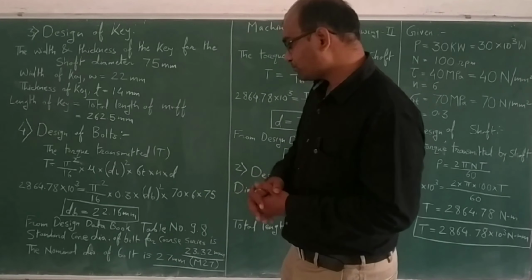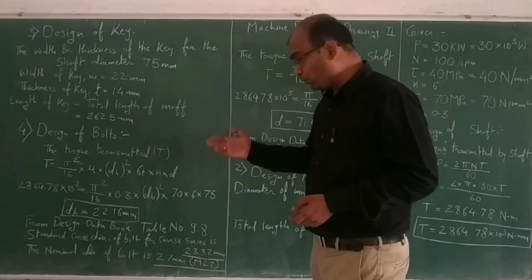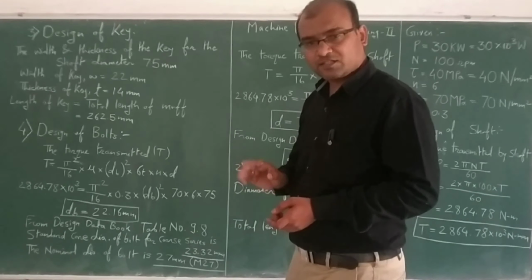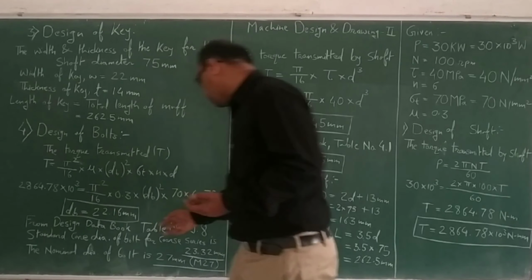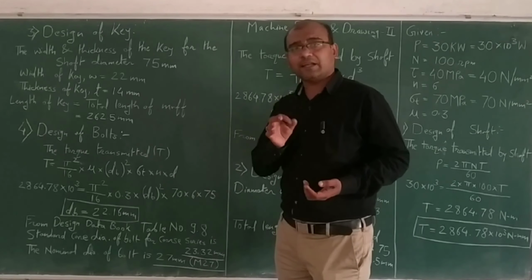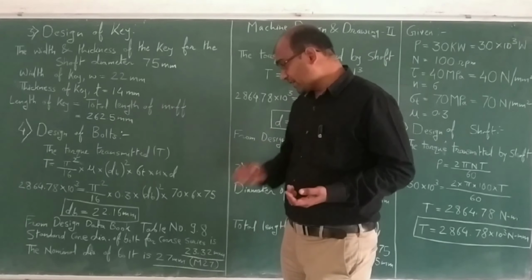After calculating the design diameter of bolt, next you can check the design data book, table number 9.8. You can check the table number 9.8.